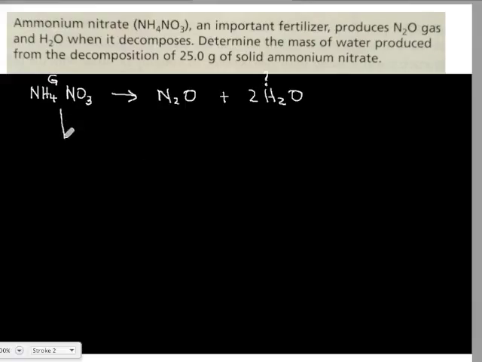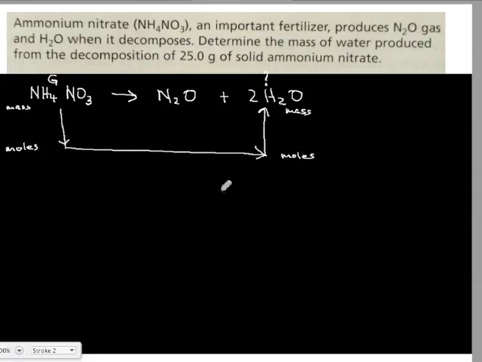Create your rectangle first, originating from the given, heading towards the question mark with your arrows pointing in the right direction. Understand that the top position is for mass, and the bottom position is for moles.